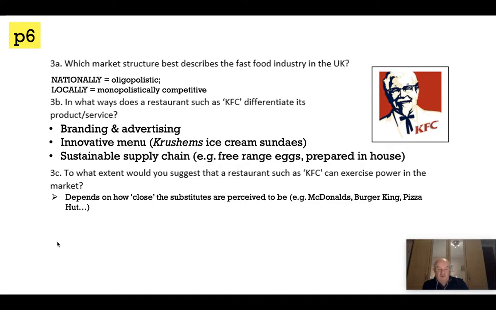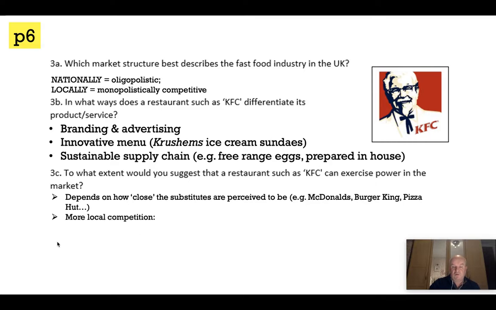If you've got lots of competition and close substitutes, then it may well be that KFC can't exercise a huge amount of market power, because there are other alternatives in addition to all the fried chicken takeaways we talked about, and that might mean you're limited in how much you can actually exercise your market power.